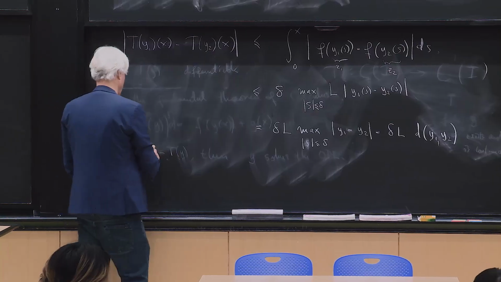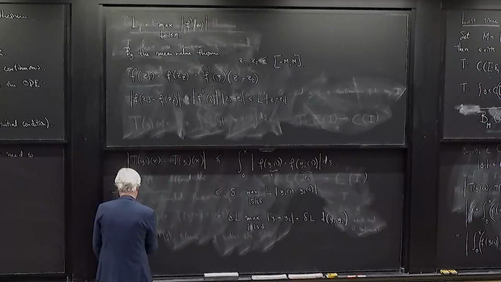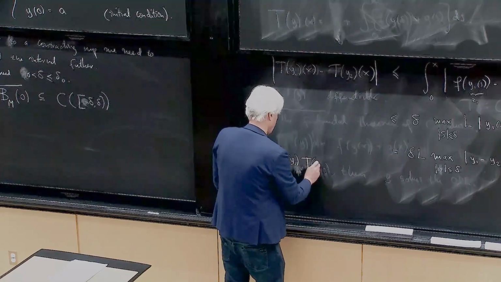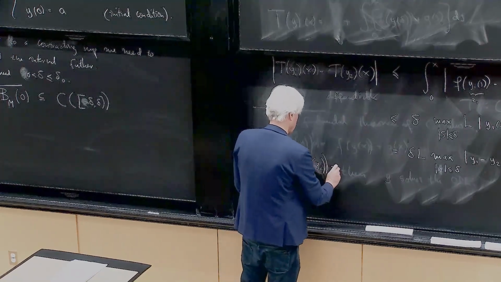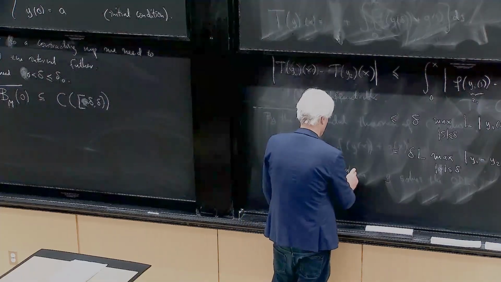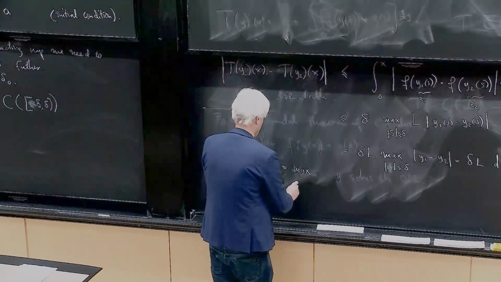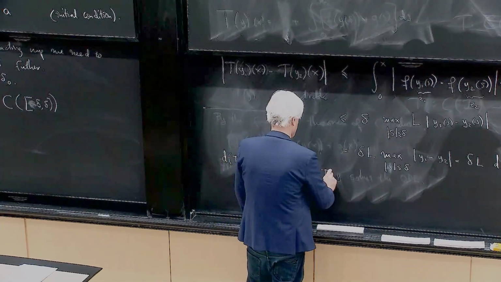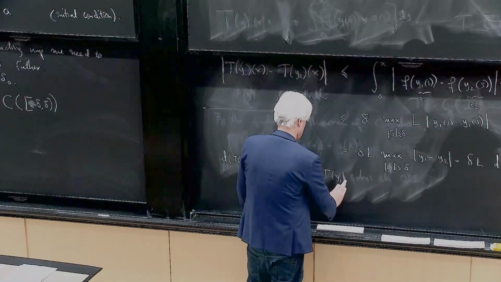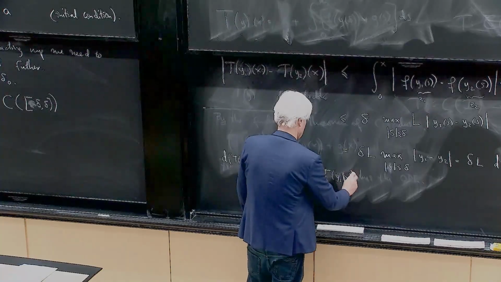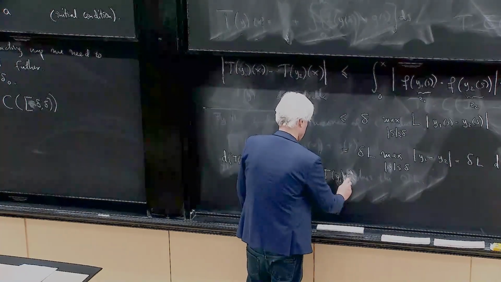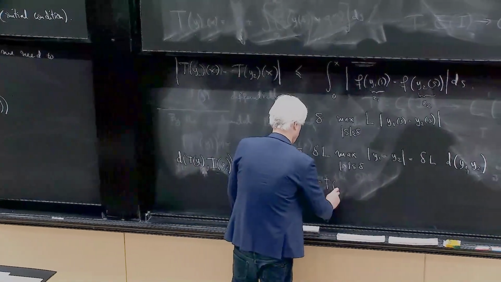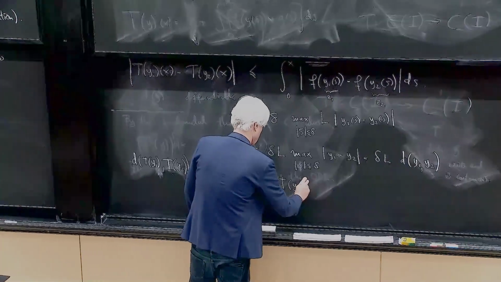So the distance between T of y1 and T of y2 is equal to the maximum, this is how we define that distance after all, of T of y1 in x minus T of y2 in x.